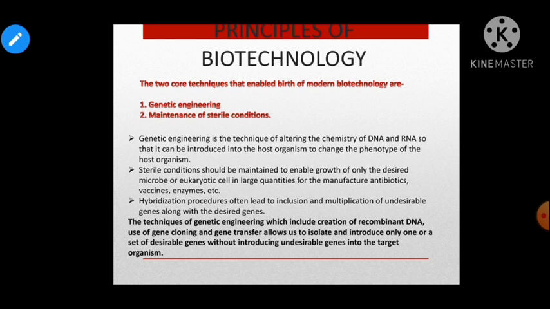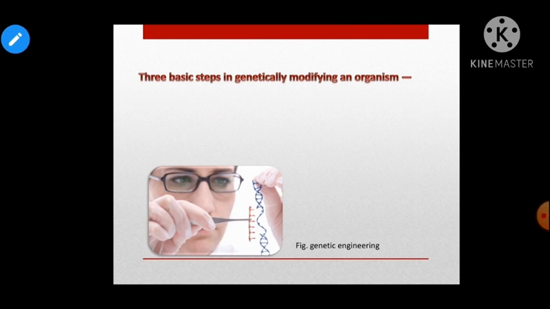So what is recombinant DNA technology? How did this recombinant DNA come into existence? Children, Stanley Cohen and Herbert Boyer produced the first recombinant DNA by adding the antibiotic resistant gene of Salmonella typhimurium in the plasmid of E. coli.